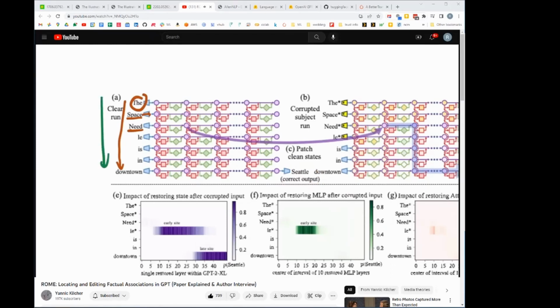First of all, where in the sentence does the model put a lot of weight on Seattle, and where in the network, so here in the depth of the network, does that happen? And what turns out as evidence, both of these things are quite surprising.